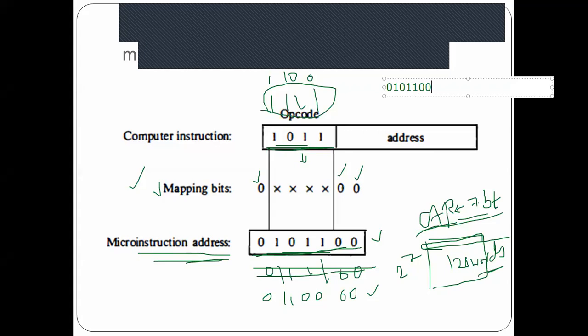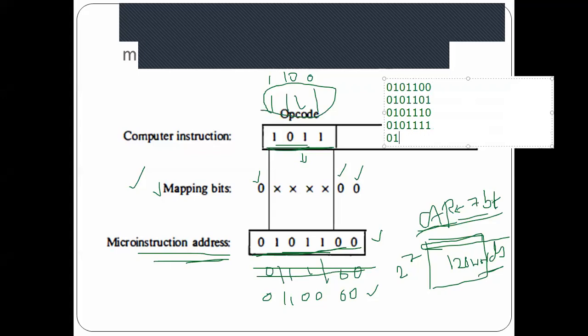From here, you will have certain control words that initiate several micro operations to perform, right? Next location will be 0 1 0 1 1 1 0 1, right? Yes, ma'am. After this, 0 1 1 0 0 0 0.